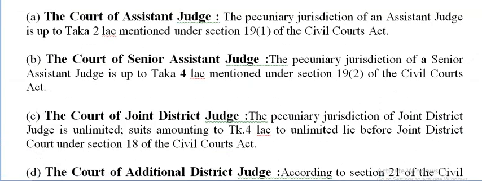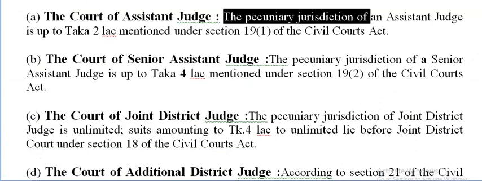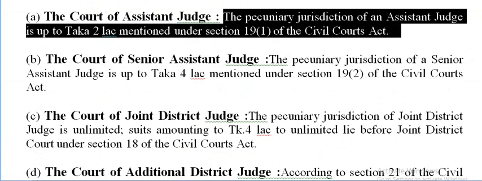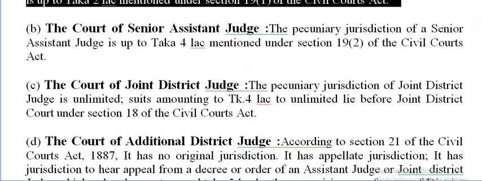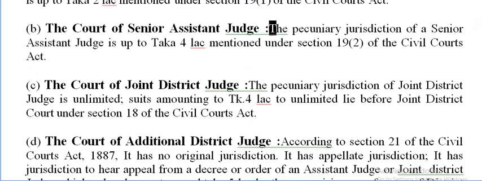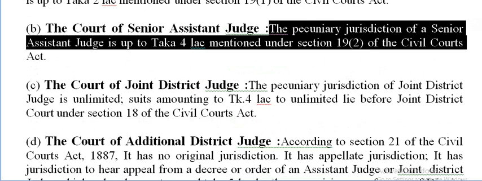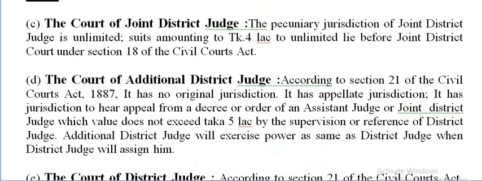The Court of Assistant Judge. The pecuniary jurisdiction of an assistant judge is up to Taka 2 lakhs, mentioned under Section 19, subsection 1 of the Civil Courts Act. And the courts of senior assistant judge. The pecuniary jurisdiction of a senior assistant judge is up to Taka 4 lakhs, mentioned under Section 19, subsection 2 of the Civil Courts Act.